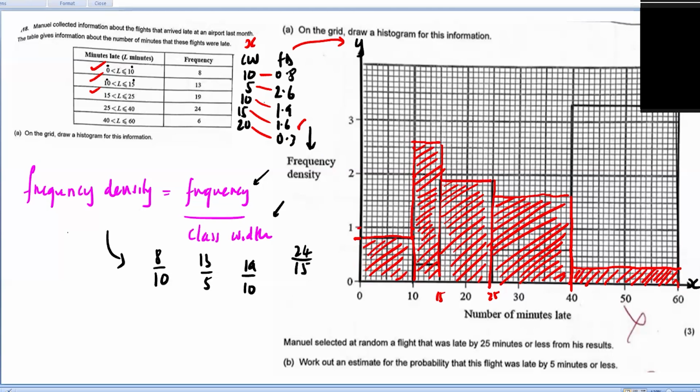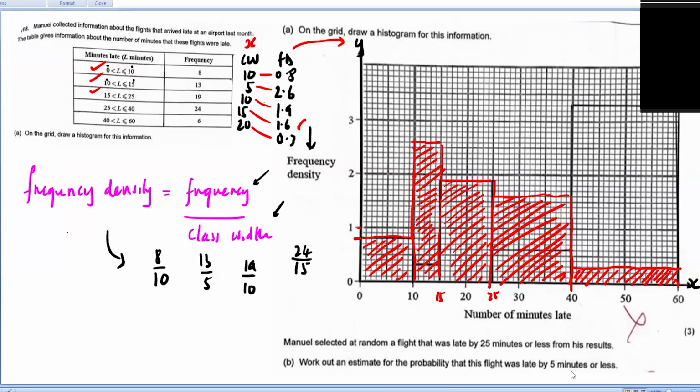Okay, let's go to the next question. The next question says, Manuel selected at random a flight that was late by 25 minutes or less. Work out an estimate for the probability that this flight was late by 5 minutes.